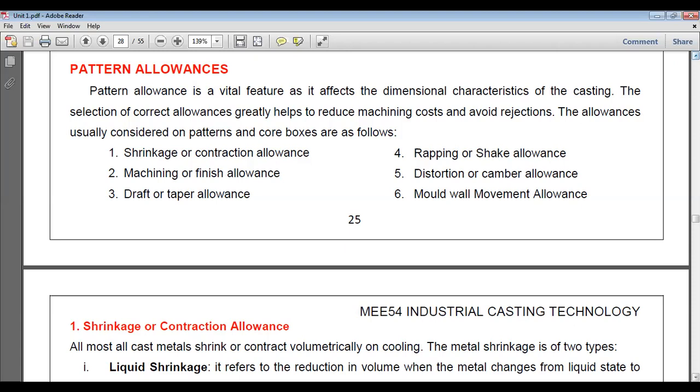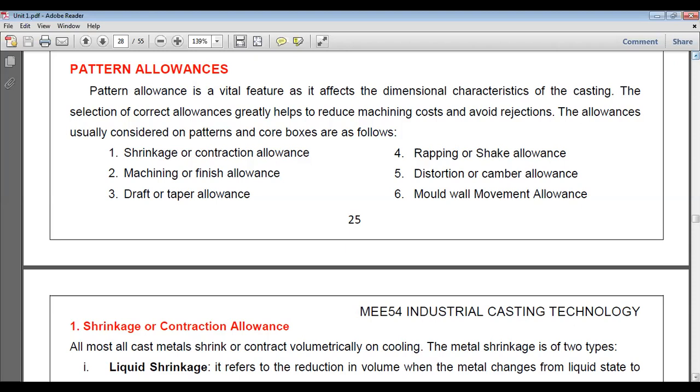So why is this extra material given? When we have to make a part of 10, why are we not taking 10, why are we taking 12? Because of these factors that are shown on the screen. First is shrinkage or contraction allowance. If we want to make a shaft of 10 mm and we make the pattern of 10 mm, we don't give any allowance.